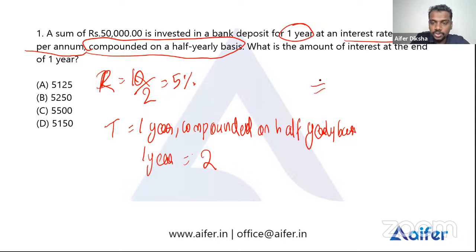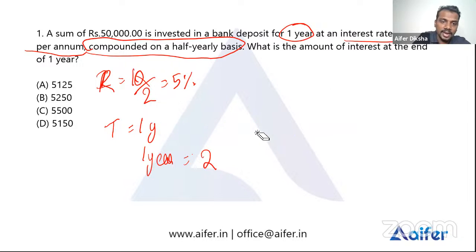So in this particular question, we'll be taking the rate as 5% and the time as 2. 1 year is 2 half years. I hope it's clear how I got the rate as 5% and the time as 2.